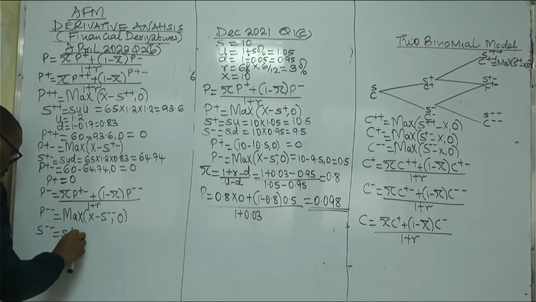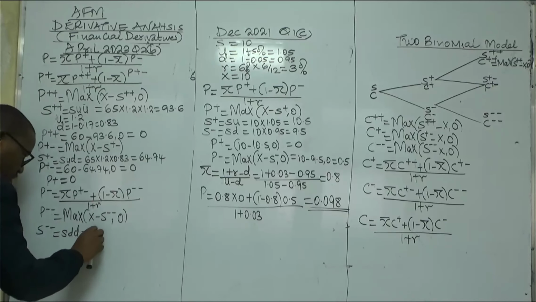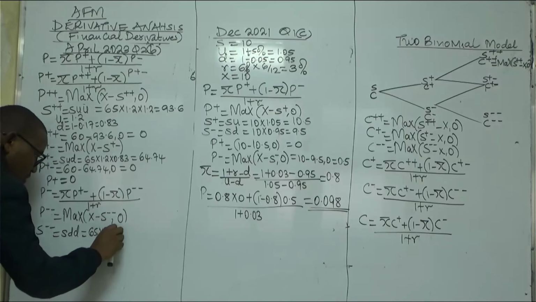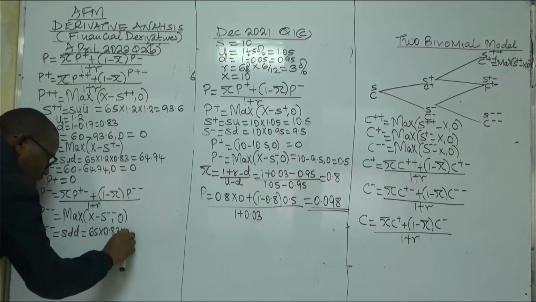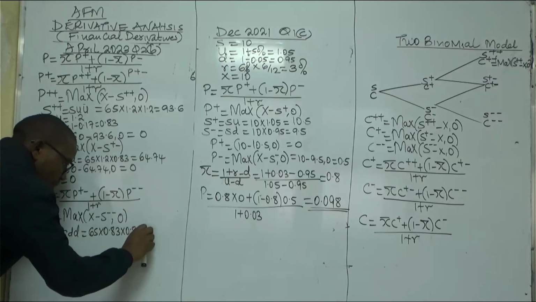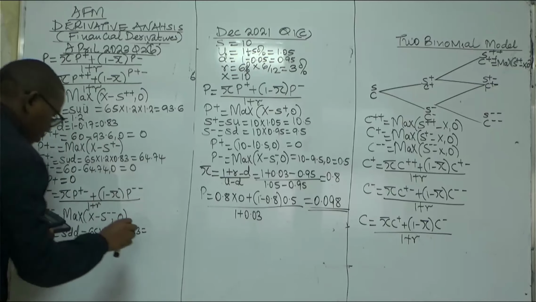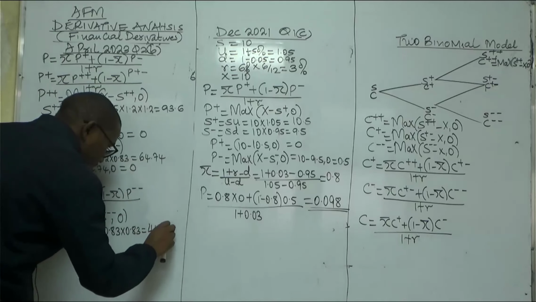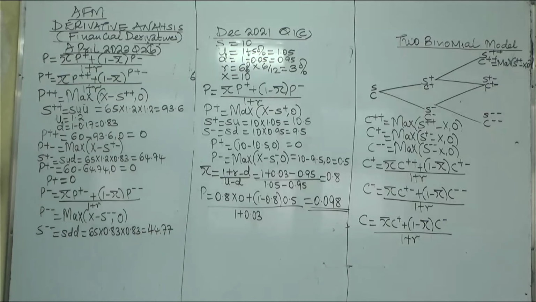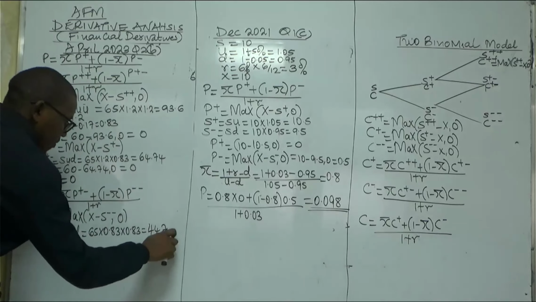So this will be 65 times 0.83 squared, which is 44.78.